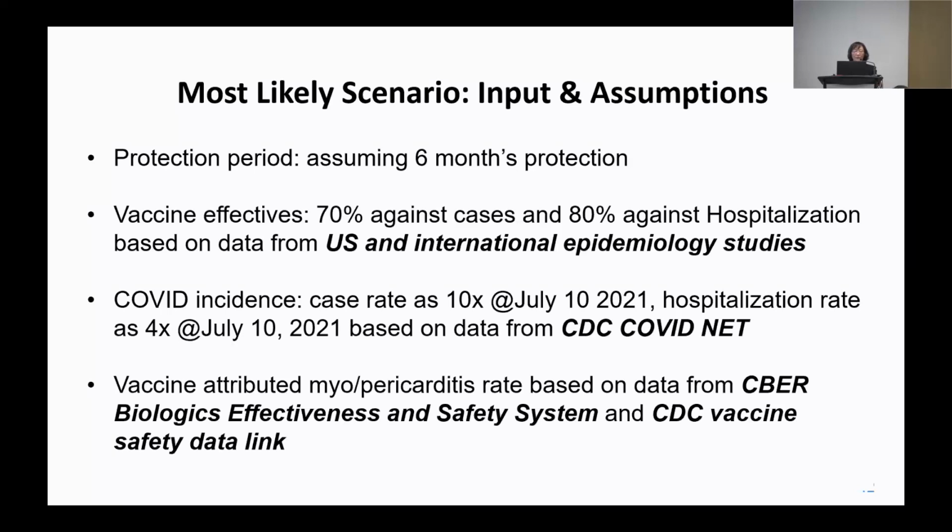Our vaccine efficacy comes from a US international epidemiology study. The incidence rate comes from CDC's COVID-NET. Our vaccine-attributable myocarditis case rate is based on data from CBER's BEST system and CDC's Vaccine Safety Datalink.